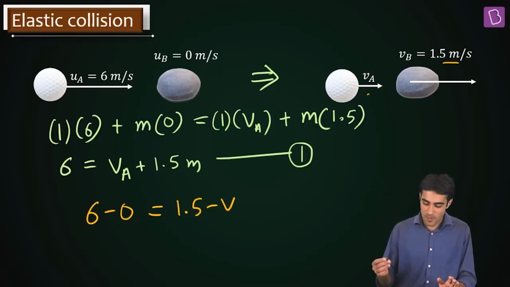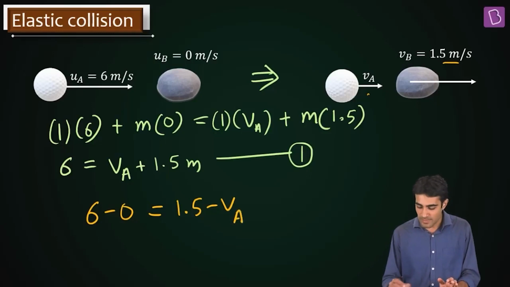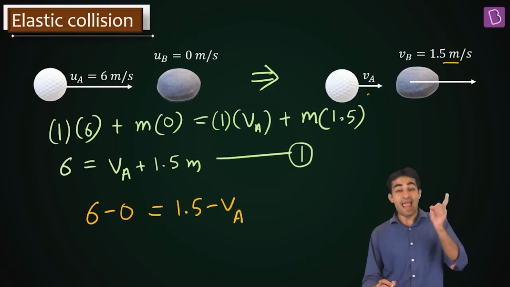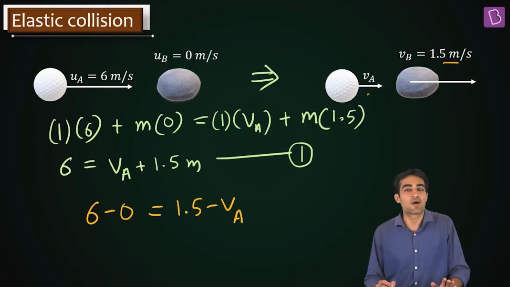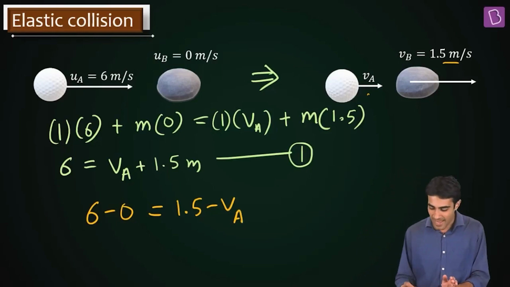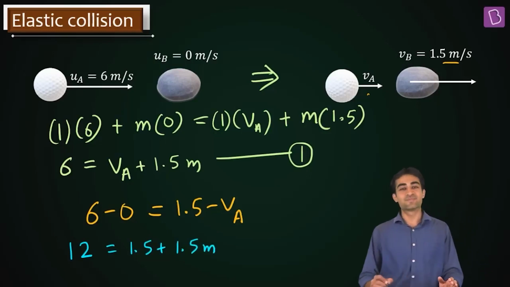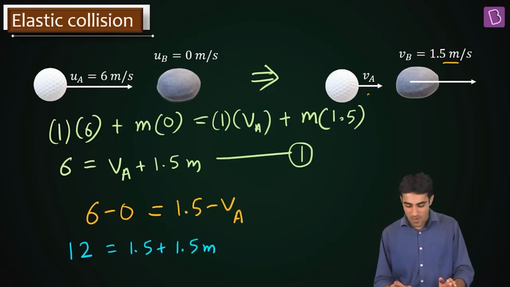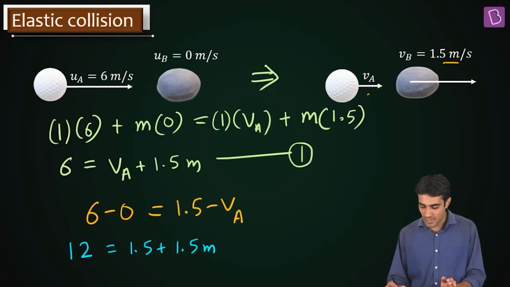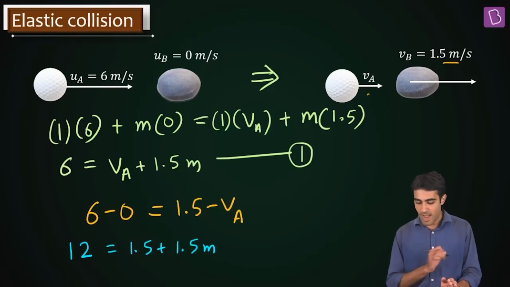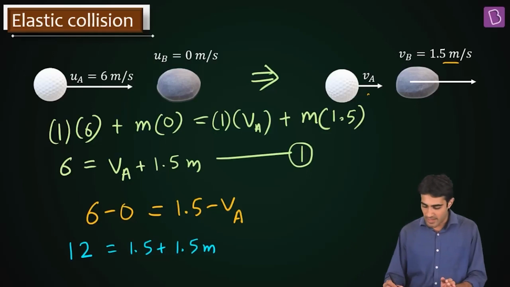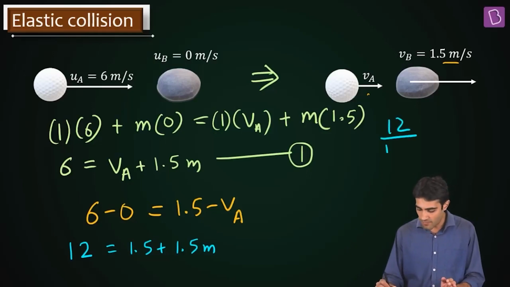Now, we have these two equations and we can see that when we add them, VA will get cancelled out. So let's quickly add them, and what do we get? We get 12 = 1.5 + 1.5m. Now, from this you can see 12 divided by 1.5 is equal to 1 plus m.